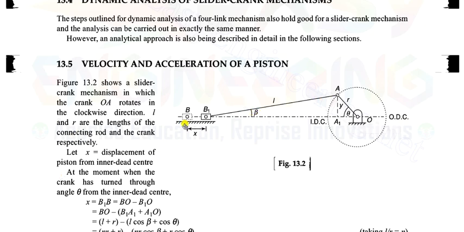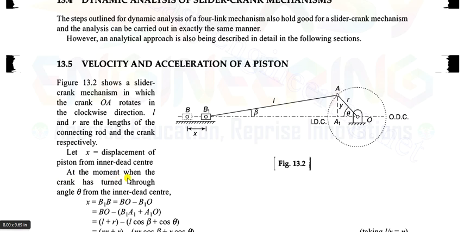Okay, so when this A point was at inner dead center, this B was at this position. Okay, so from here this piston has moved to B1 and the crank has rotated by this angular displacement. Now, this is the axis displacement of piston from inner dead center.